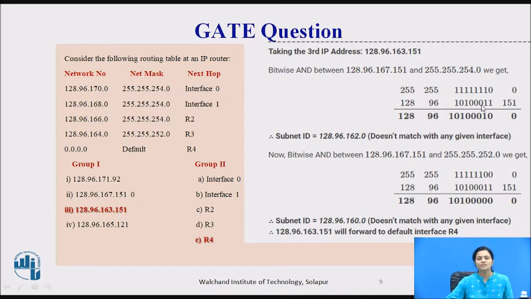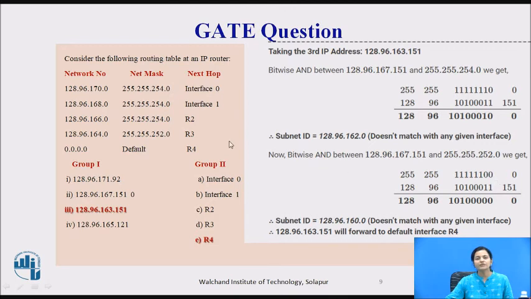Here we find 128.96.162.0, and 162 is not matching anywhere. So again we try with another, that is 152.